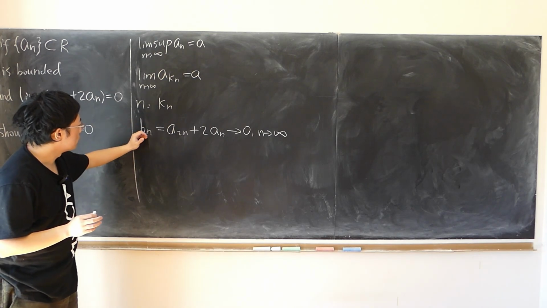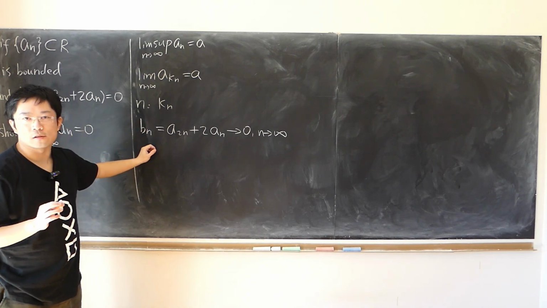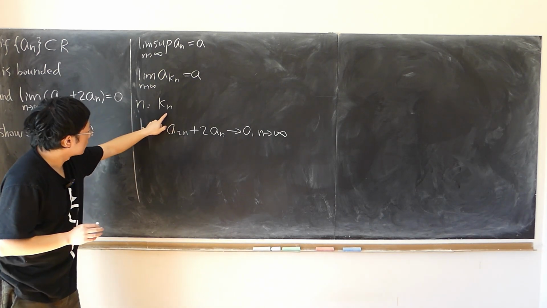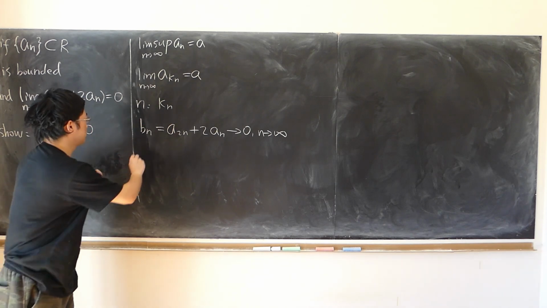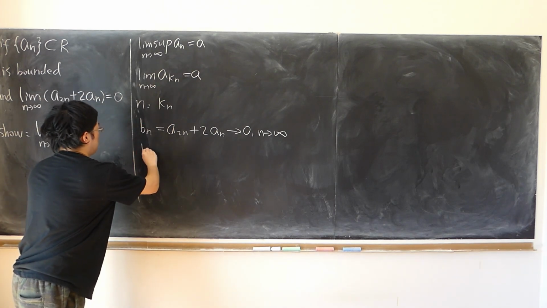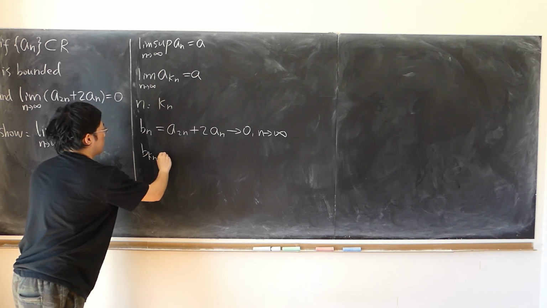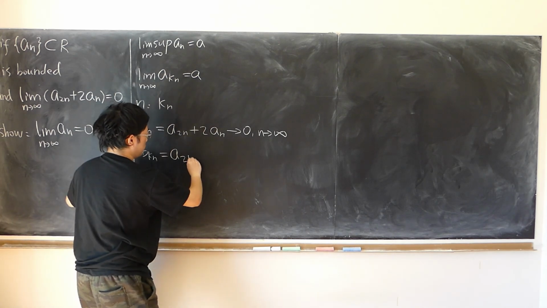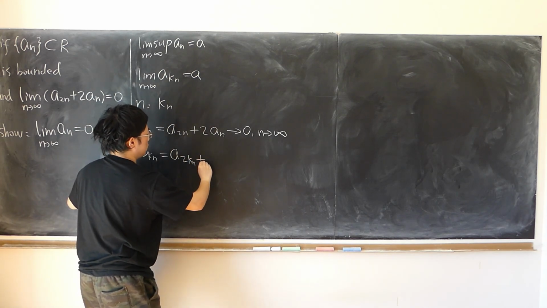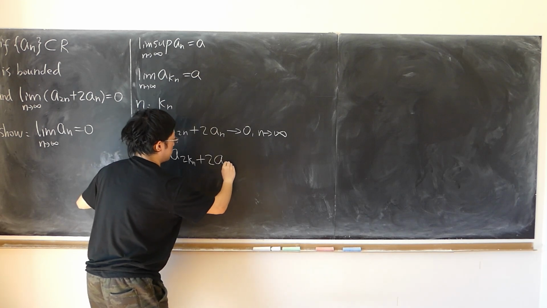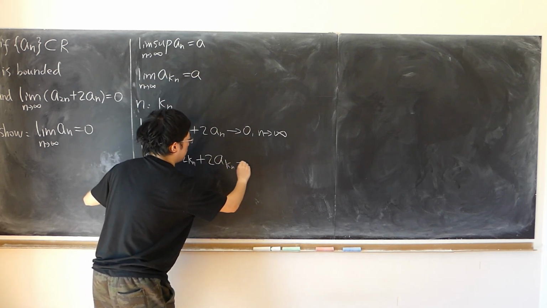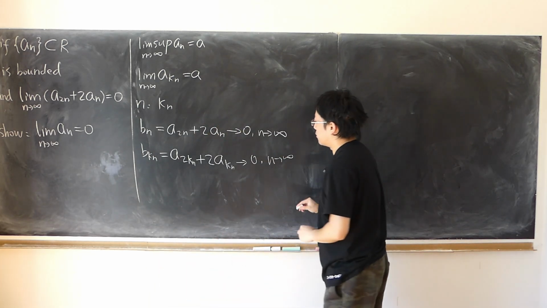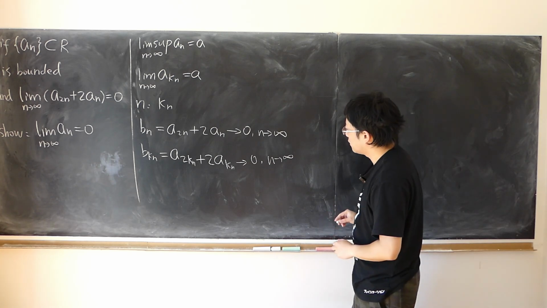If the sequence is convergent, then any of its subsequences has to also converge to the same limit. So if I replace n with k_n, meaning taking its subsequence, b_{k_n} is equal to a_{2k_n} plus 2 times a_{k_n} also approaches 0. Right?